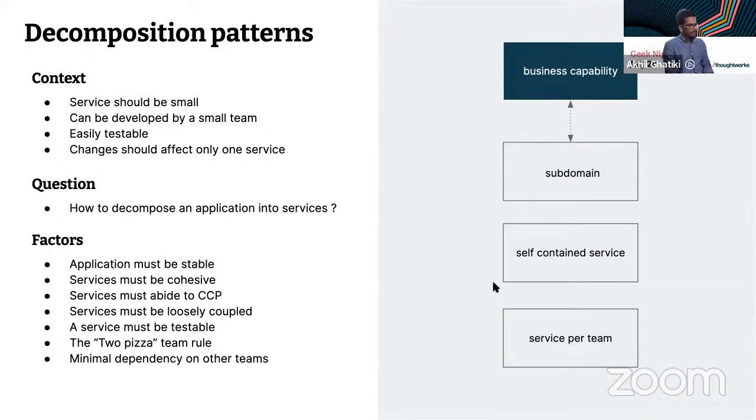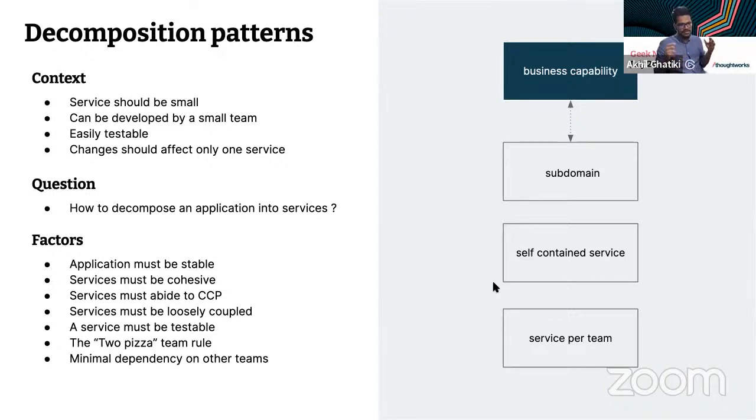So the CCP, common closure principle, we call it. This is a practice that we follow when designing classes. It states that the classes that change for the same reason should be within the same package.